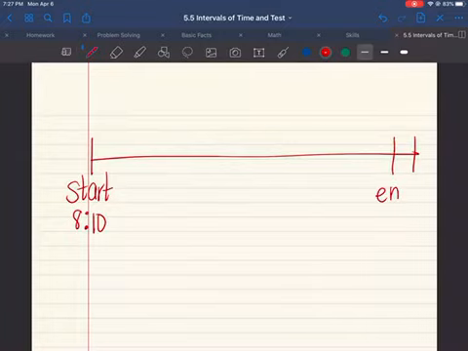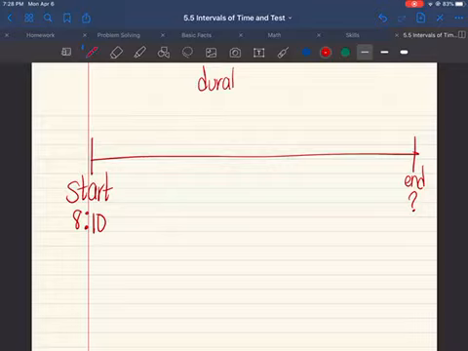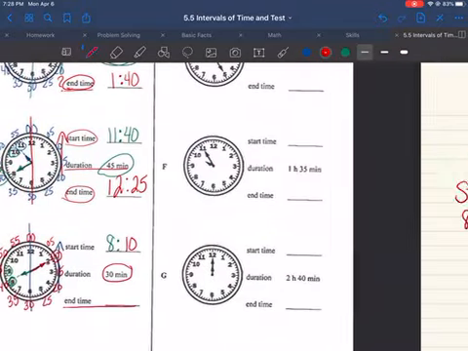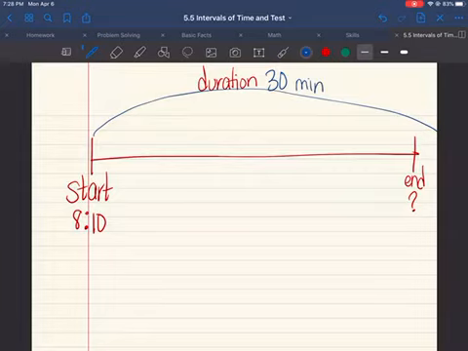What was the duration? 30 minutes. So I do not know my end, but we do know that the duration was 30 minutes. So to get from here to here, it took 30 minutes. That was the direct duration.